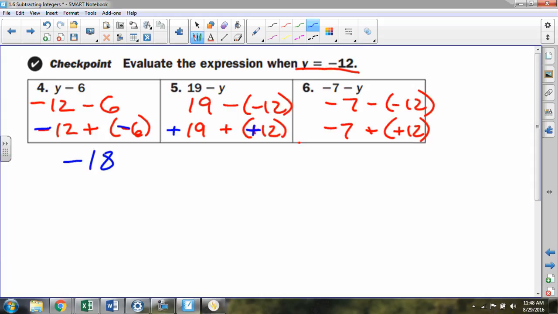Signs are the same, so we add them and keep the sign of the bigger one. -7 plus +12. Signs are different, which tells us to subtract. 12 subtract 7 is 5, and keep the sign of the bigger one. Thus, we're finished.